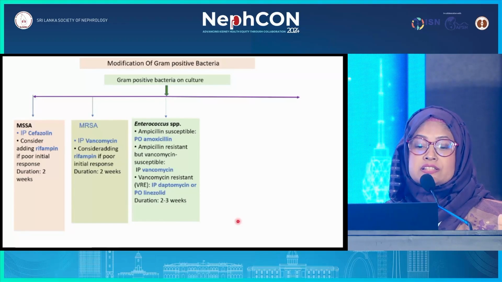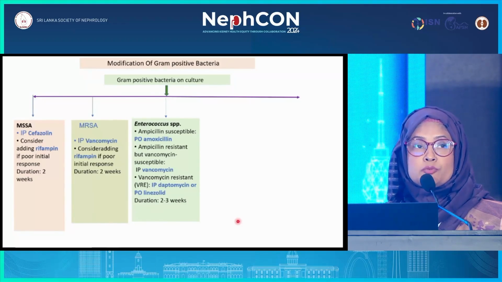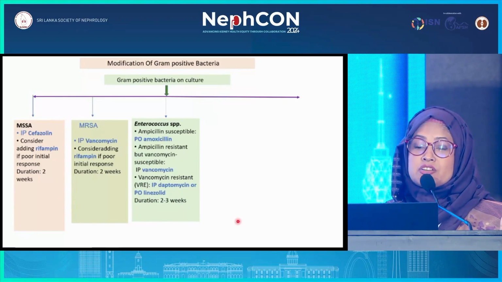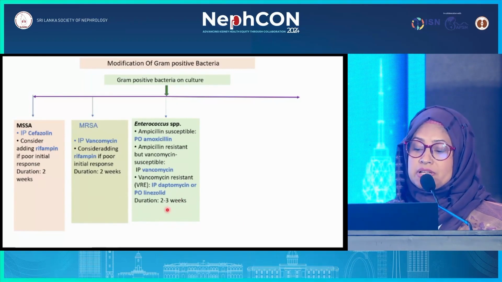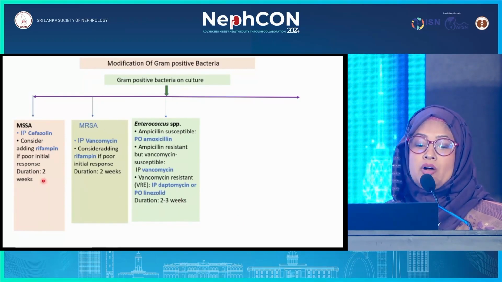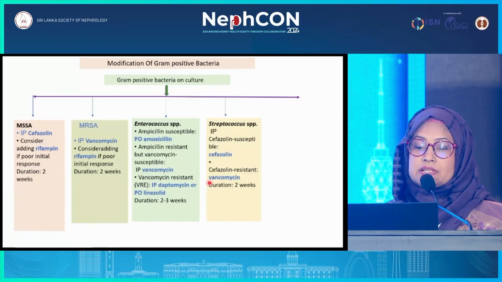Then Enterococcus is usually susceptible to amoxicillin, so oral amoxicillin can be started. If it is ampicillin or amoxicillin resistant, then we can start vancomycin. In case of vancomycin resistant Enterococcus, we should start IP daptomycin or oral linezolid, and the duration will be 2 to 3 weeks.